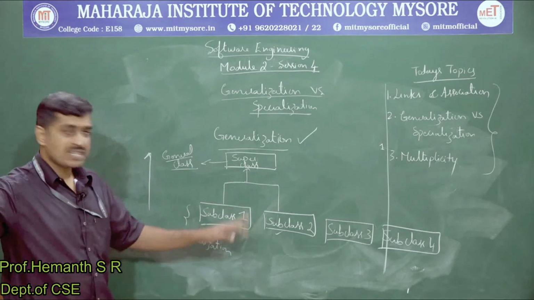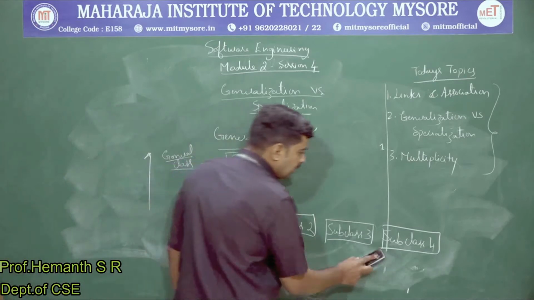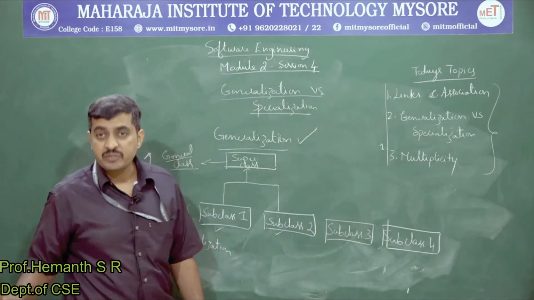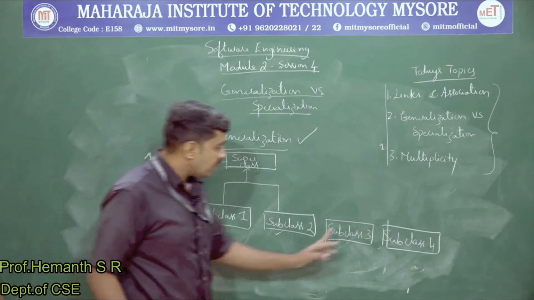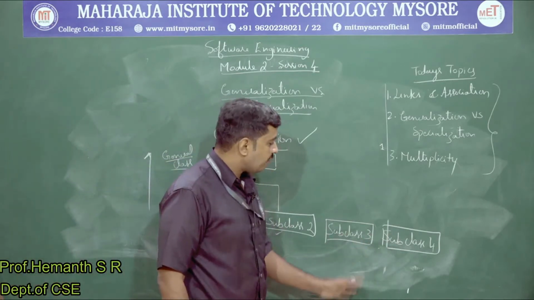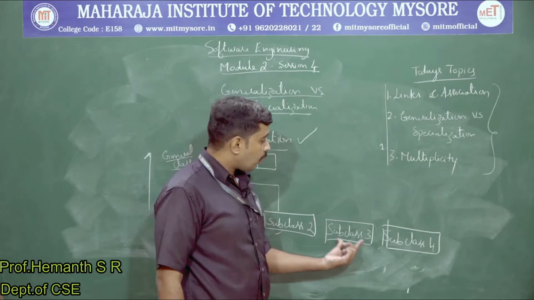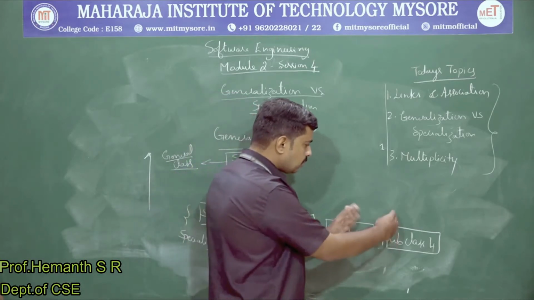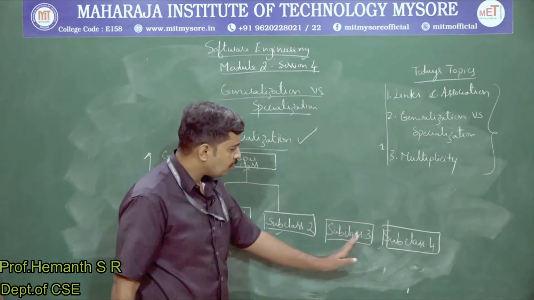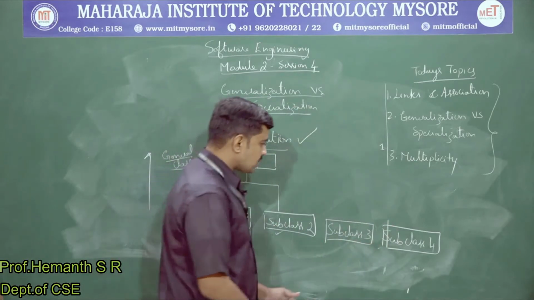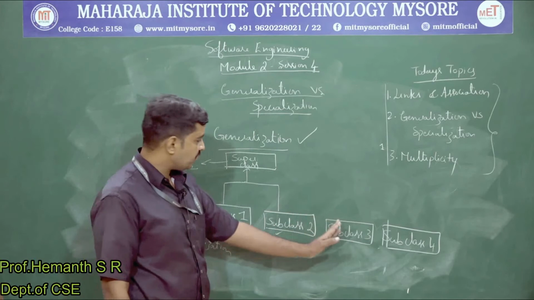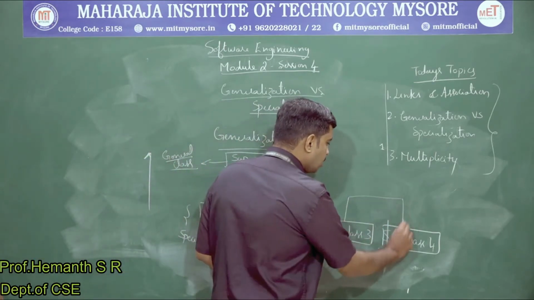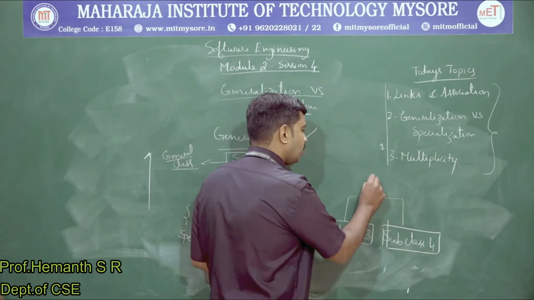Now continuing with this example, you can see 2 more subclasses here, subclass 3 and subclass 4. We will assume subclass 3 and subclass 4 have a few properties, attributes, and functions which are common to each other. They are closely related. In that case, we can apply the same philosophy that was just discussed.